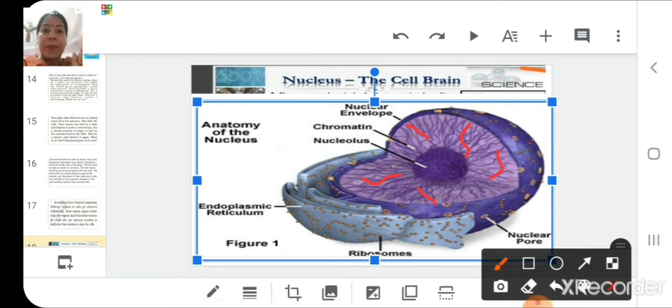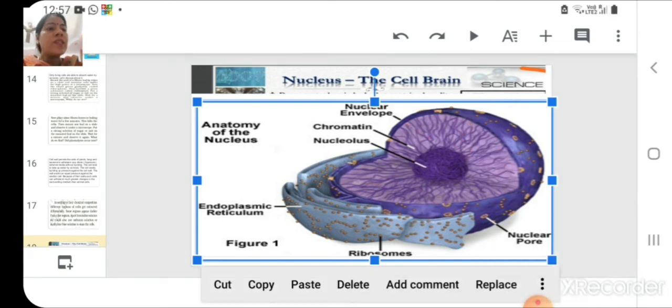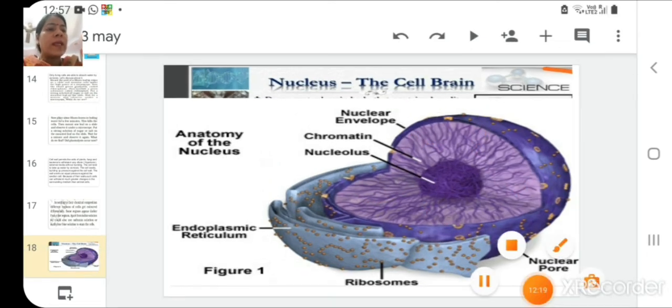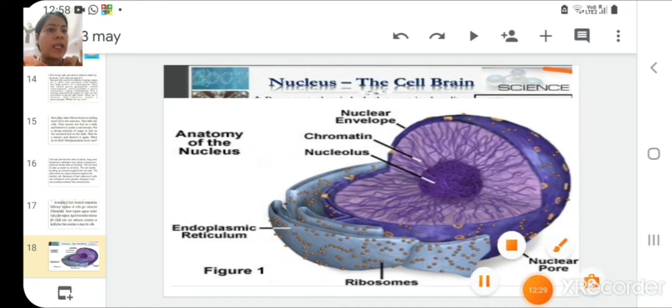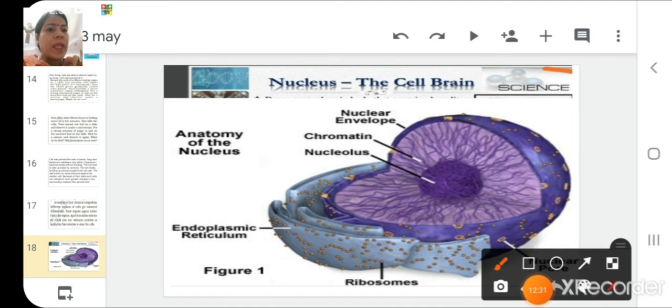And in this structure you can see that there is a central part which is very highly demarcated. This particular part which is highly demarcated here is the nucleolus.